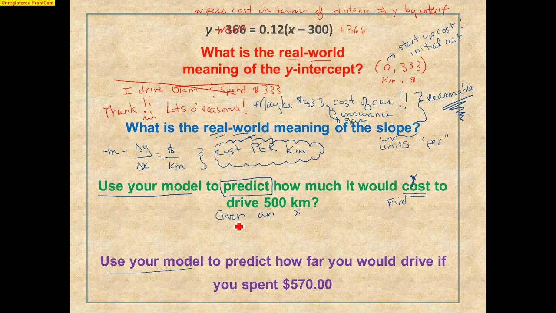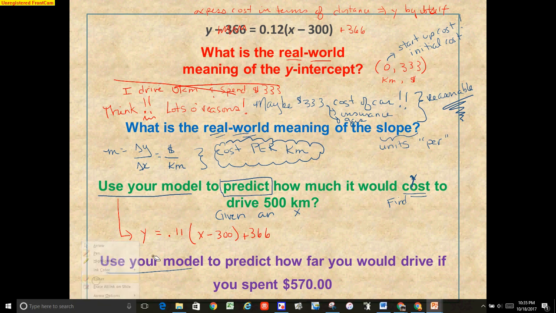So if they gave me an X, this is my use-your-model. My model is Y equals 0.11, or 0.12. I'm just going to write 0.11 because that's what I had in the front, and that's what I graphed on the previous slide. X minus 300 plus 366. Oops! Don't write X, silly.